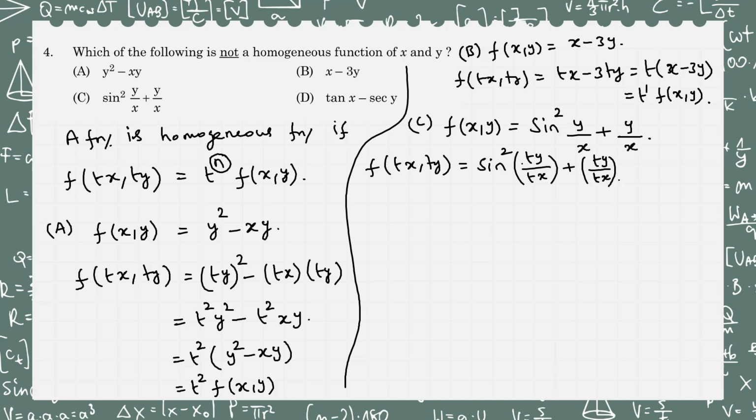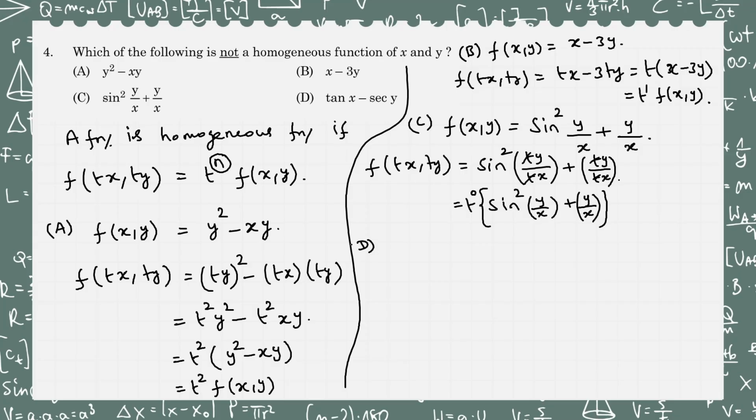Hope you can see that t cancels in the bracket of both the items. So we are getting just sine square of y by x plus y by x as the answer. There is no t, that means t power 0 times f. So this is also a homogeneous function only.